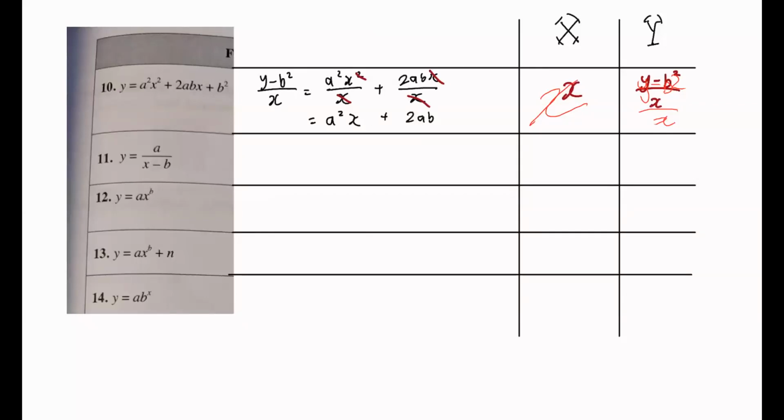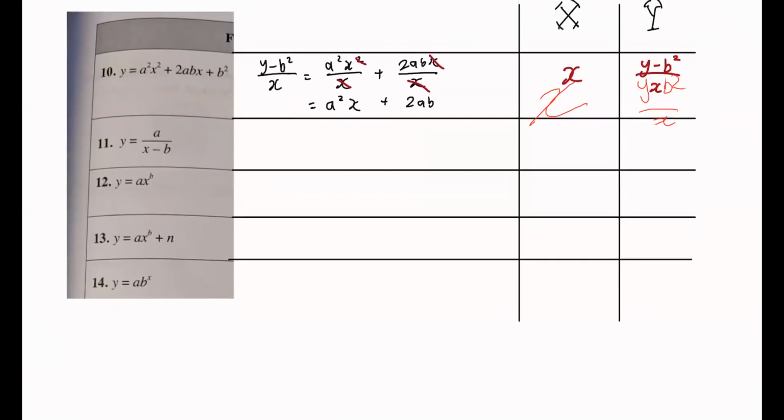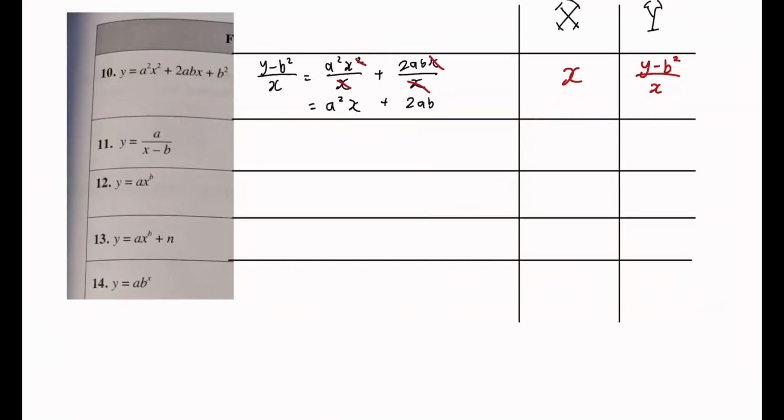Okay, good. Next. How about y equals a over x minus b? Remember how many terms do we need? Right hand side, 2 separate terms. Here only one single fraction, one single term. Multiply.